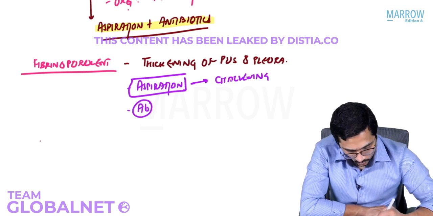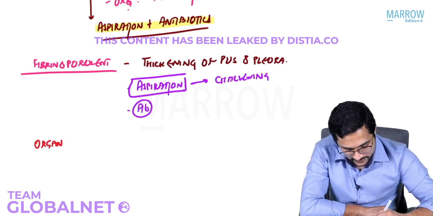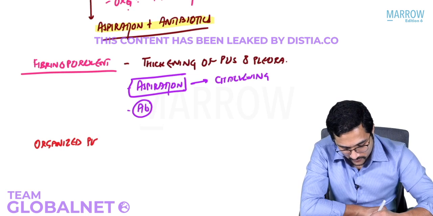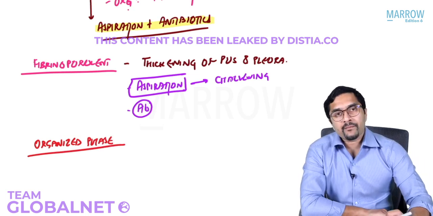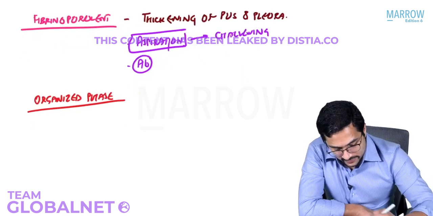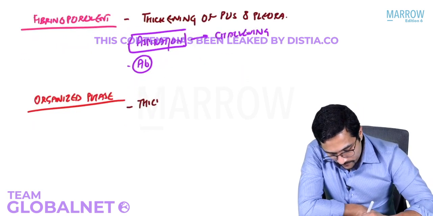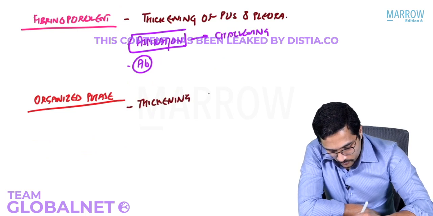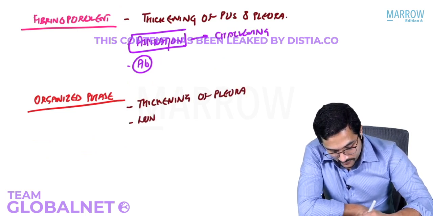Finally, you have the organized phase of empyema. So in the organized phase of empyema, there is further thickening of the pleura, and the lung becomes entrapped.